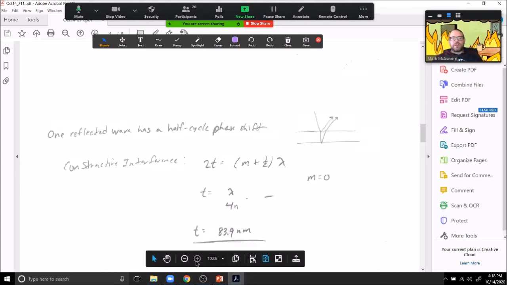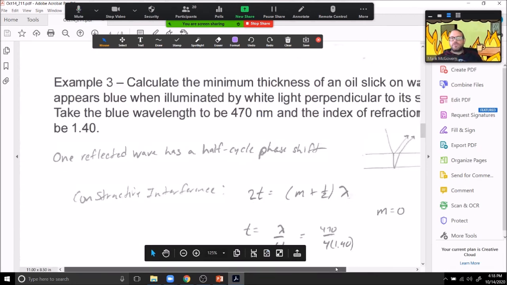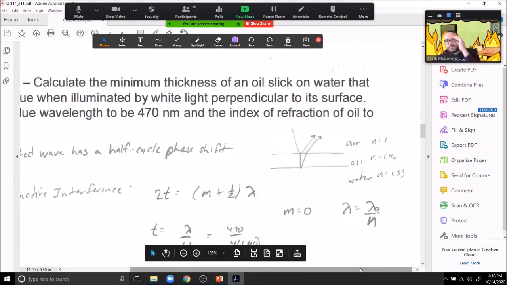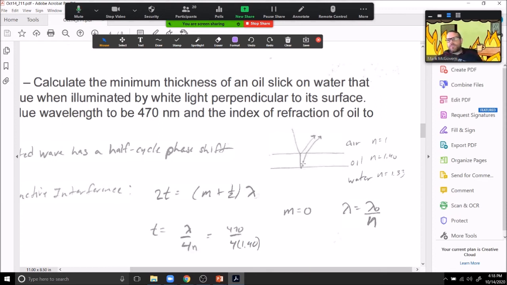First thing to consider here, what are my boundaries? We're going to hit the oil slick. It's a higher index of refraction. There's a phase shift. I'll circle it. There's a phase shift happening right here. Now, then we go into the oil, and then we hit off the water and come back up.